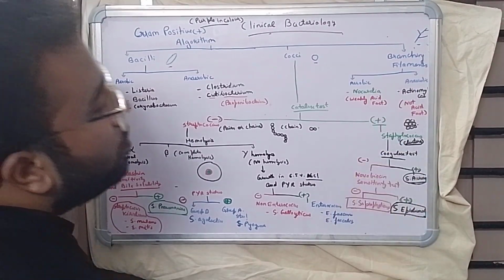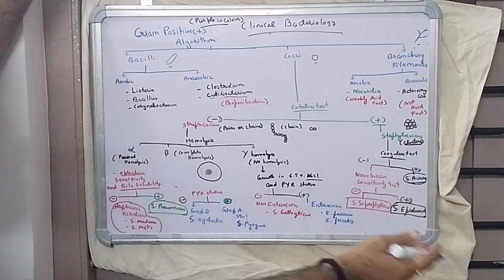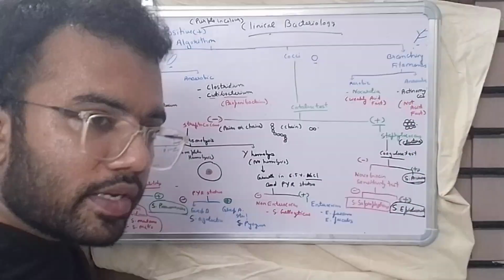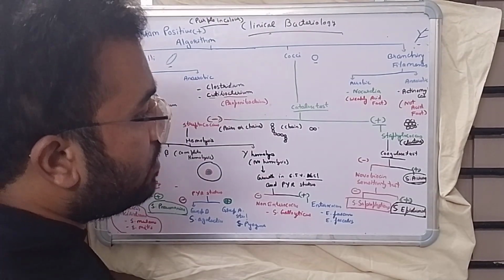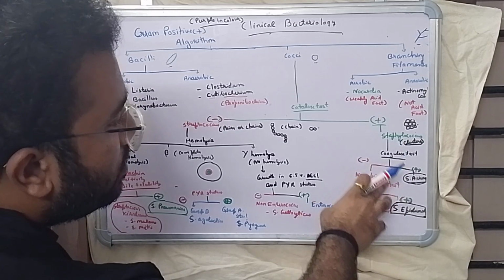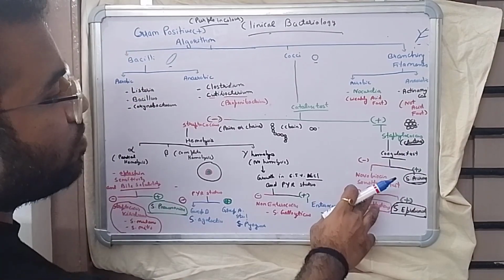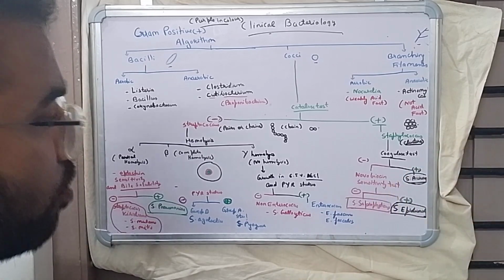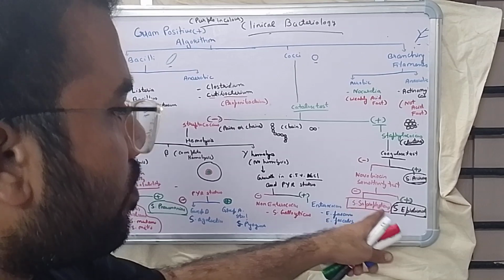Further, we divide Staphylococcus by coagulase status. If positive, then S aureus, which shows golden yellow pigment in agar and in culture. If negative, then we do the novobiocin sensitivity test. If sensitive, S epidermidis, and if resistant, S saprophyticus.